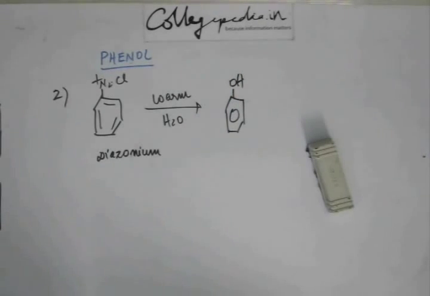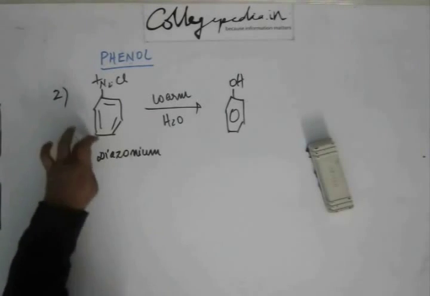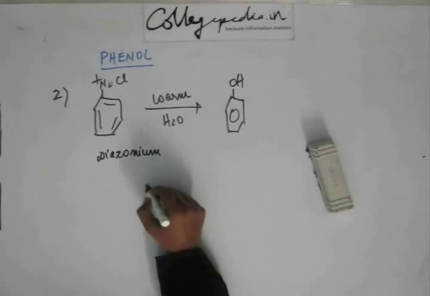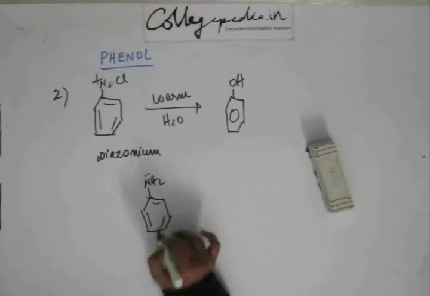Now this benzene diazonium salt is a very important intermediate that gives us lots of other functional groups directly. Basically this is prepared from amine, from aniline, this aromatic amine.